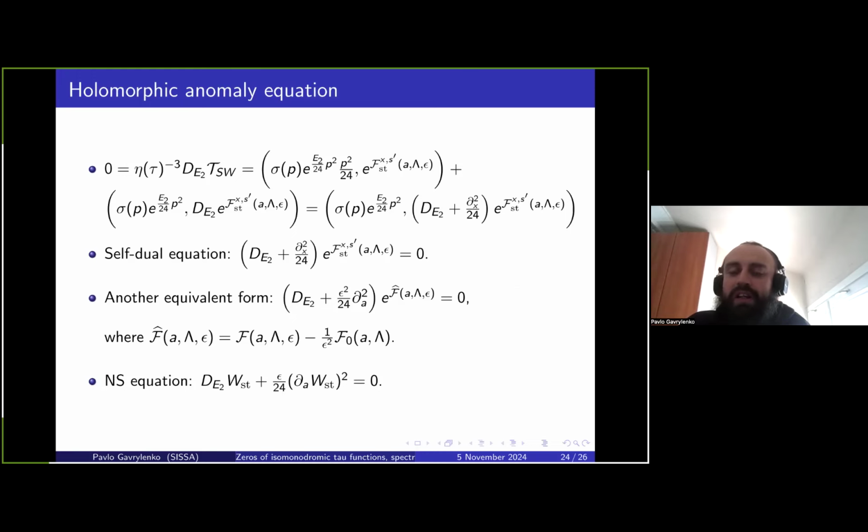So basically, this E2 dependence comes from two places. One is the relation between theta and sigma, and another is this partition function itself. And we know that the final formula does not contain E2. So it should somehow cancel. And this cancellation condition gives precisely the holomorphic anomaly.